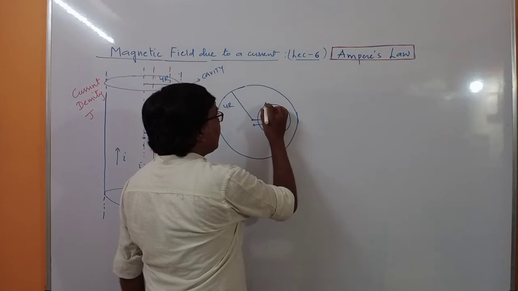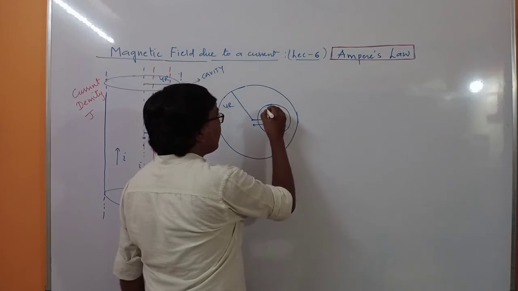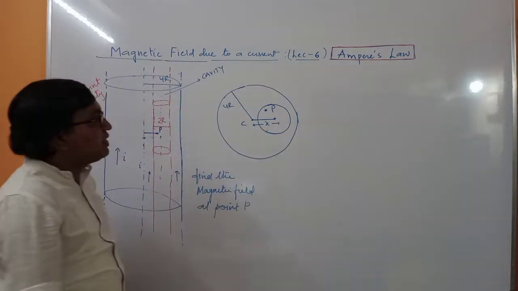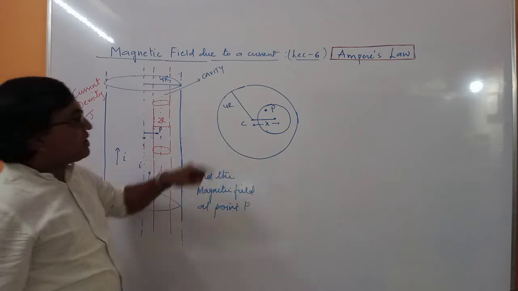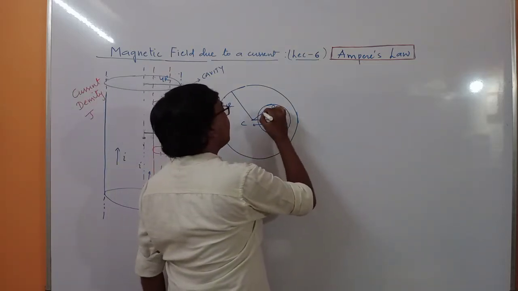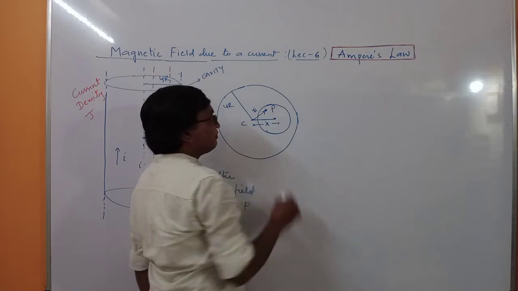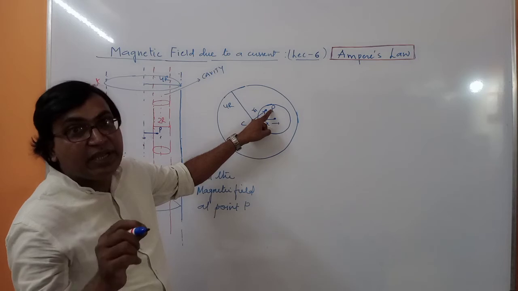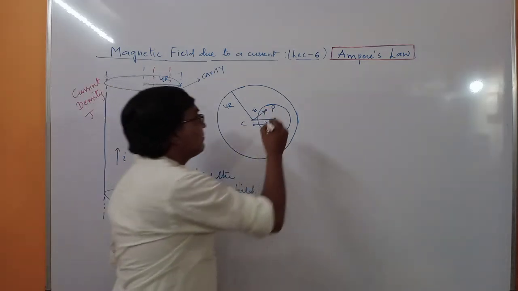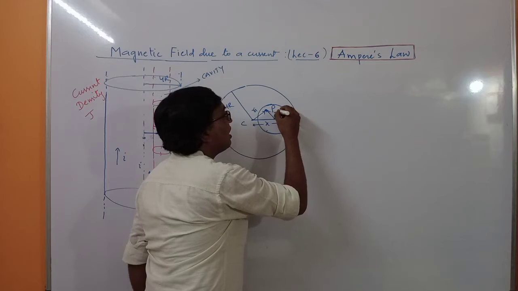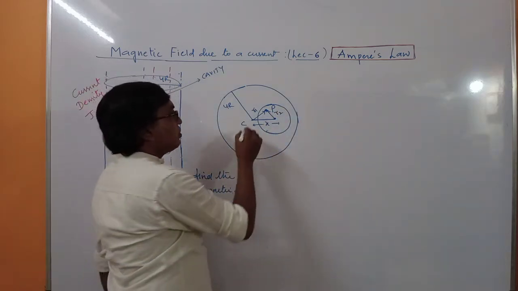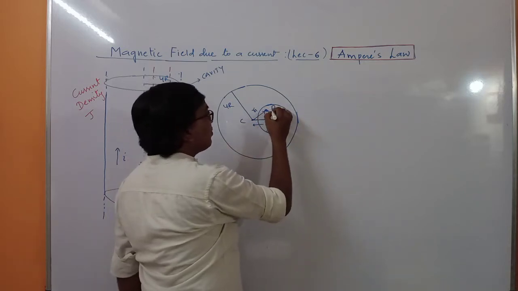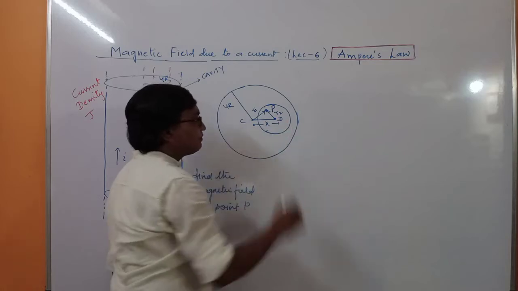Now let us take a point P inside a cavity. So let us say this is point P. From the center of this bigger cylindrical cross section, it is at a distance of r1, and from the center of the cavity, this point P where you are finding out the magnetic field is at a distance of r2. So this is point C, this is the center, and this is point P, and let us call this point as D.